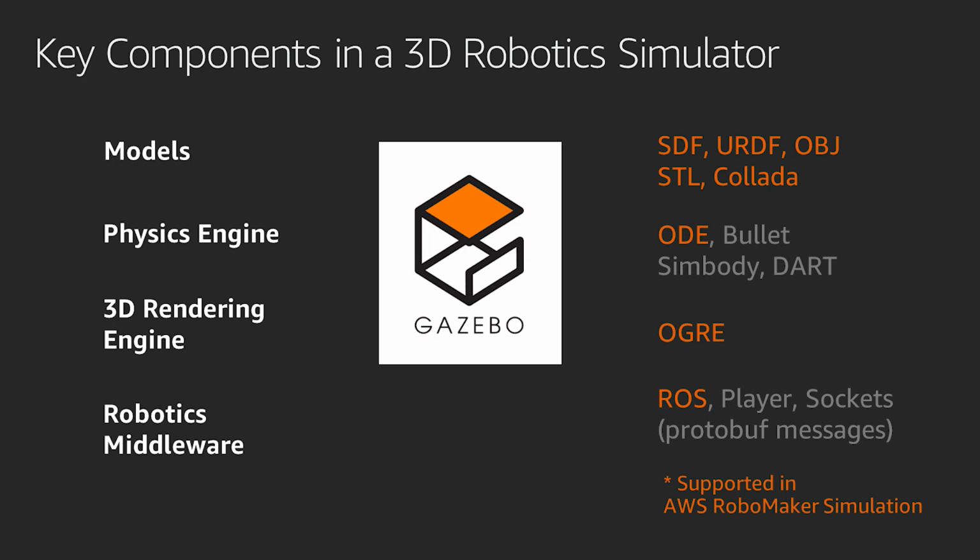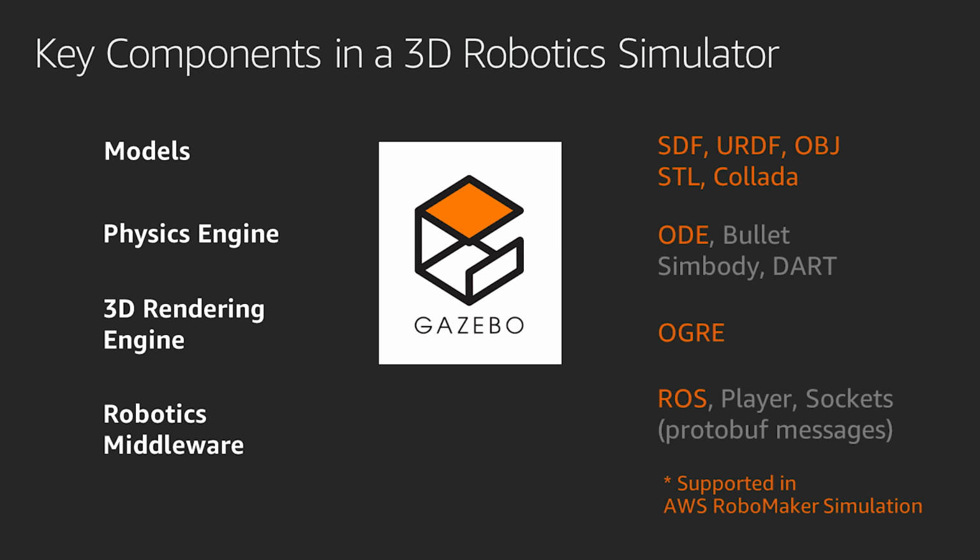And finally, 3D simulators for robotics support a variety of middleware software that can be used to accelerate the development of robot applications. There are many 3D simulators available to robotics developers. However, today we'll discuss Gazebo, a commonly used simulator supported by Open Source Robotics Foundation, OSRF.